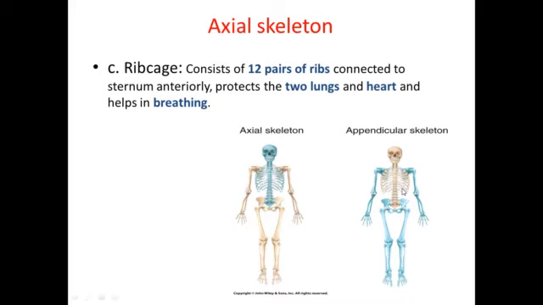They are free of connection with the sternum bone. This bone is called the sternum bone. The main function of the rib cage is to protect the two lungs and the heart inside it, and it also has a role in the process of breathing.